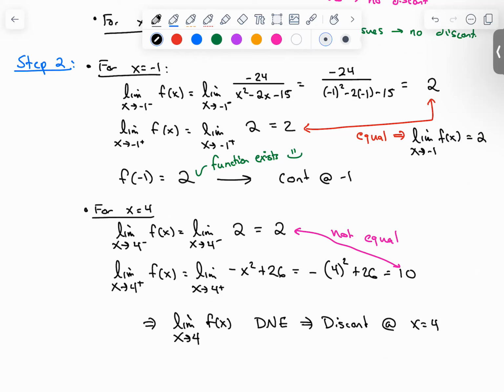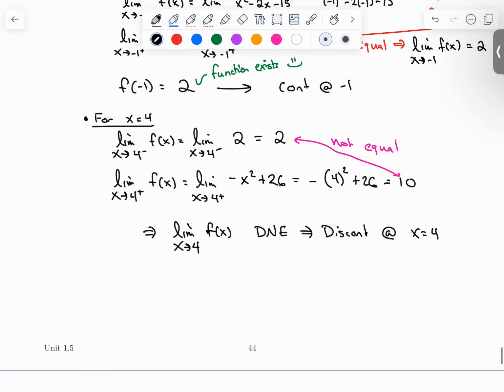So we're done. Any questions on that? It's a long process, especially when you have 2 dividing values. And so, combining everything, unless there are any other questions, which it's okay if there are.